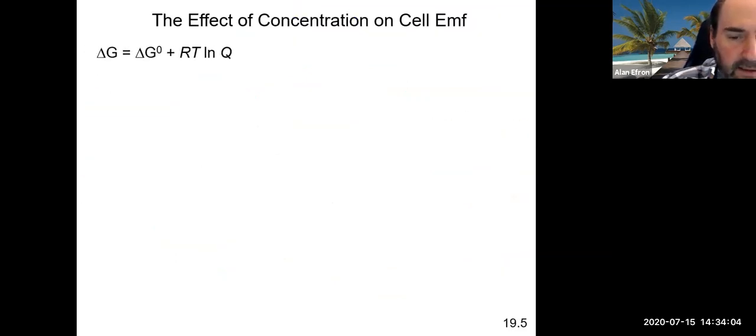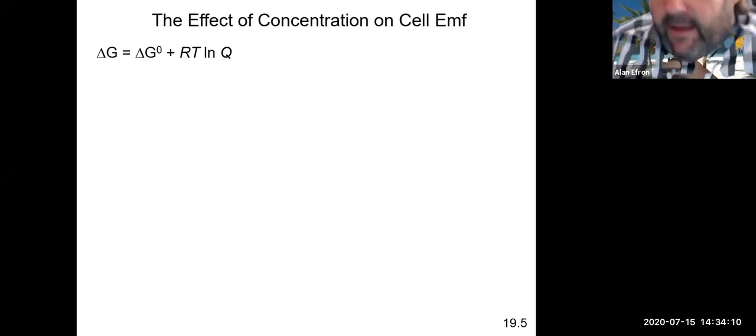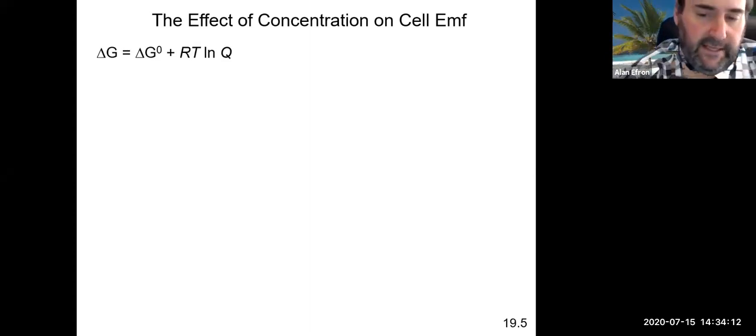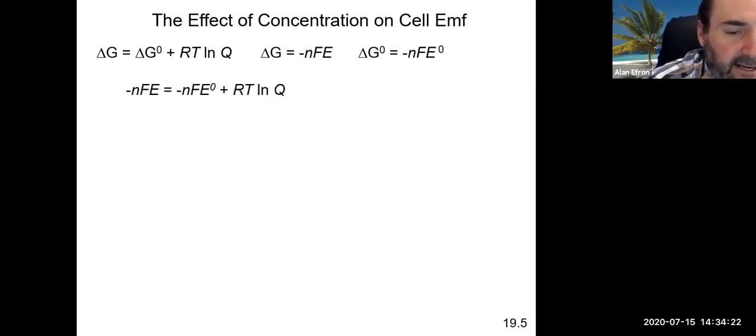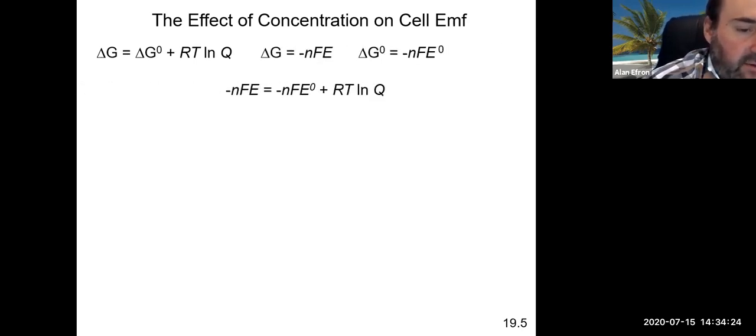All right, so let's talk about what happens now when we get to differences in concentration and how it affects the E of the cell. And this is going to tie together some equations that we saw earlier in previous chapters, some of our thermodynamic equations and also our delta G equations.